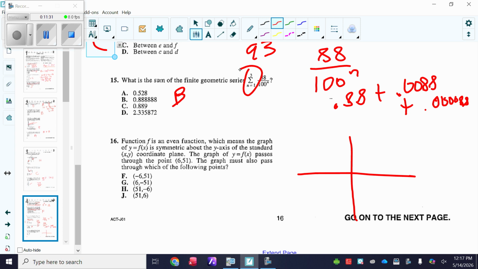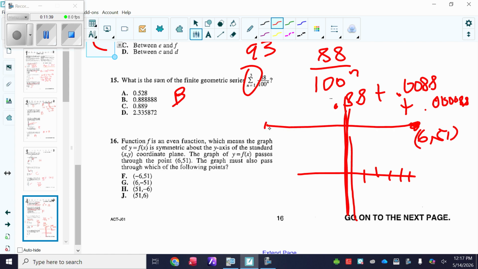All right, so if I go through 651, that's way the heck up here, and I'm symmetric about the y-axis, then the other point is negative 651.